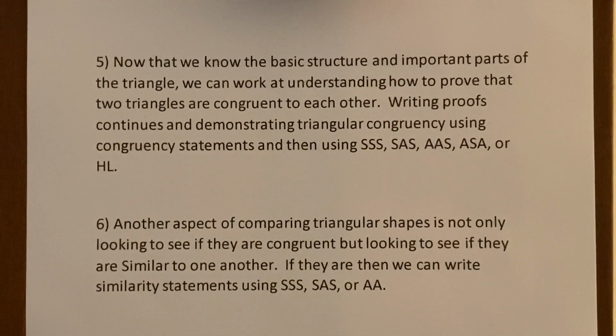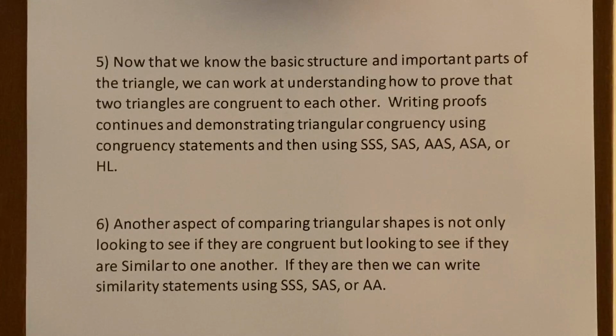So writing proofs is really important, and in this unit we're going to study triangular congruency, which is how to prove that one triangle is equal in every way to a second triangle and maybe even a third triangle. But it's really for two triangles that we focus our attention with shortcuts.